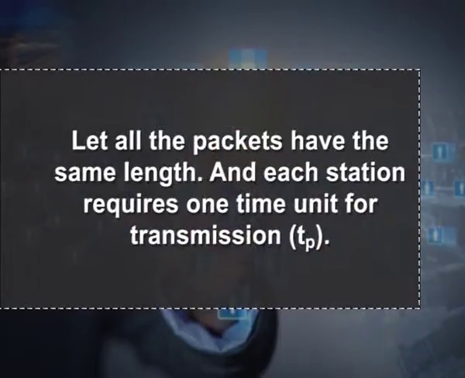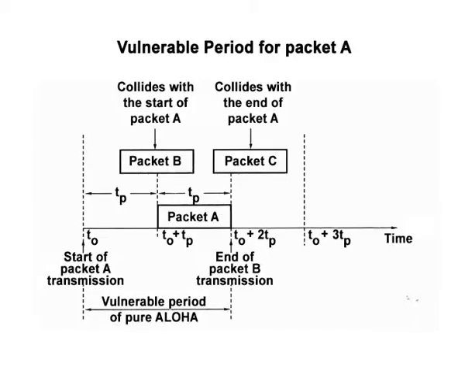The timeout period is equal to the maximum possible round trip propagation delay, which is twice the amount of time required to send a frame between the two most widely separated stations, 2 times TP. Let all the packets have the same length, and each station requires one time unit for transmission, which is TP. Consider any user sending packet A at time T0.